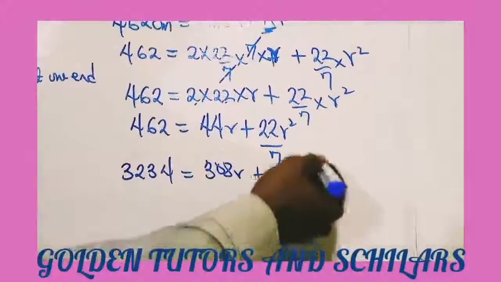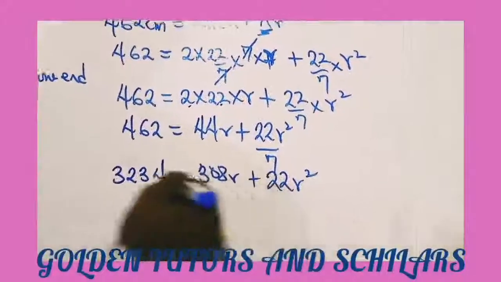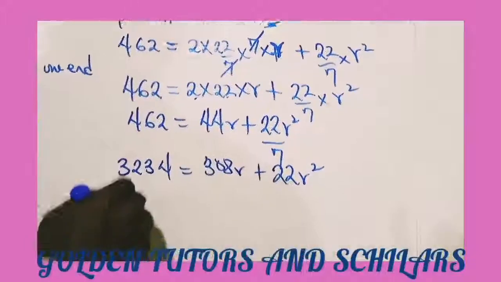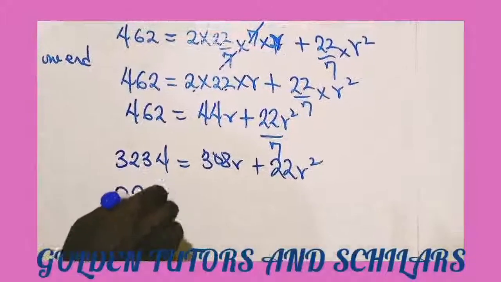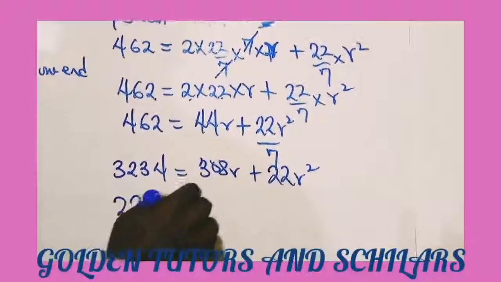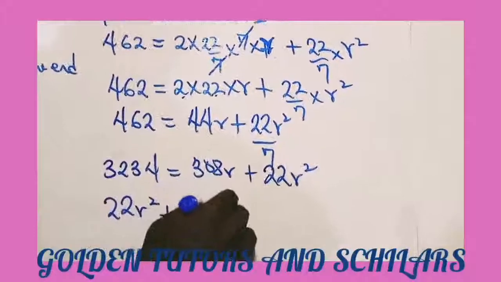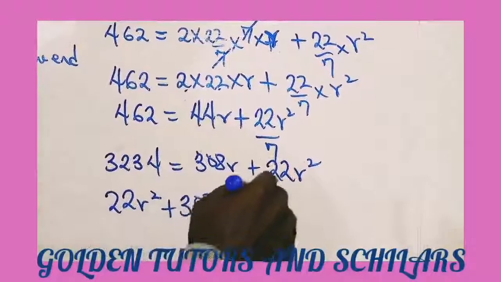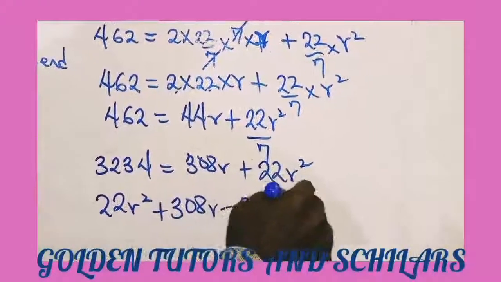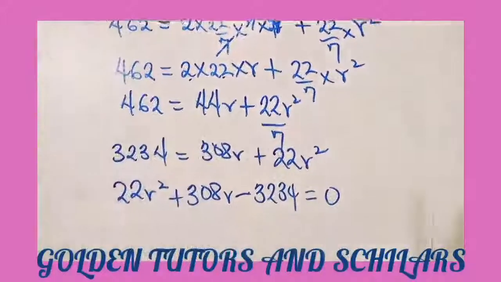If I rearrange this in the order it should be, I'm going to have 22r squared plus 308r minus 3234 equals 0. This is a quadratic equation.